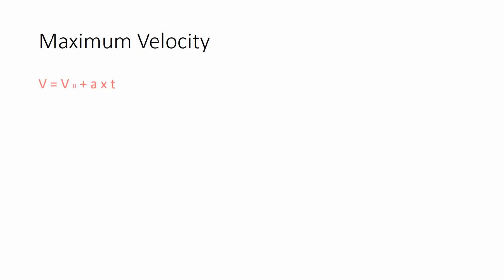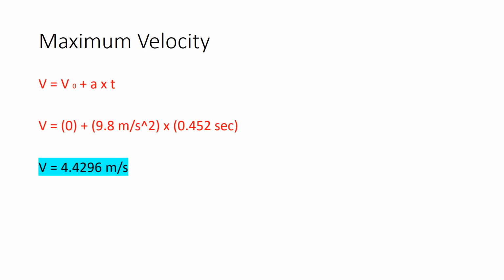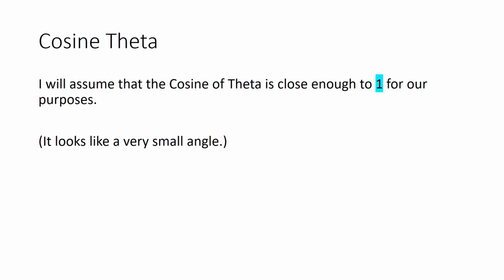So the maximum velocity is going to be 4.4296 meters per second. For the cosine of theta, we are assuming that it is close enough to 1 for our purposes because it looks like a very small angle.